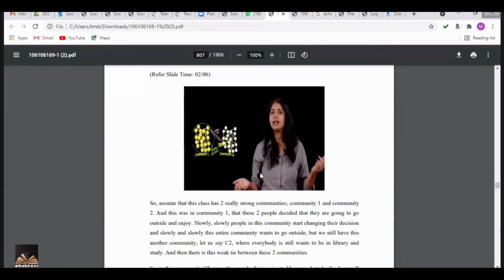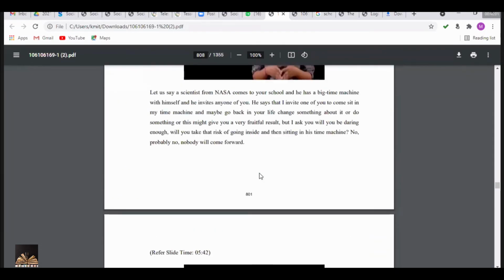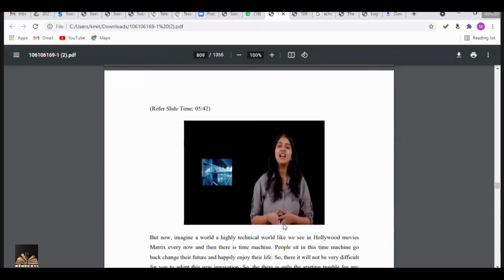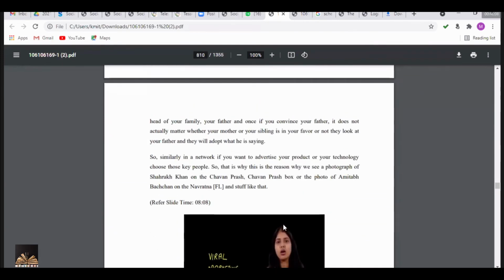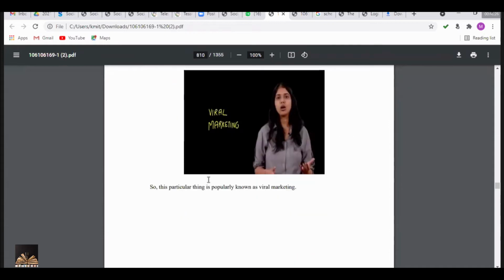For now, let's see what is the impact of communication here. So how does this spreading, the diffusion, impact? See, there is a product, and for that product, a popular actor or a popular person is doing an advertisement, right? So definitely by seeing the advertisement, most of the people will buy the product. That is called viral marketing.